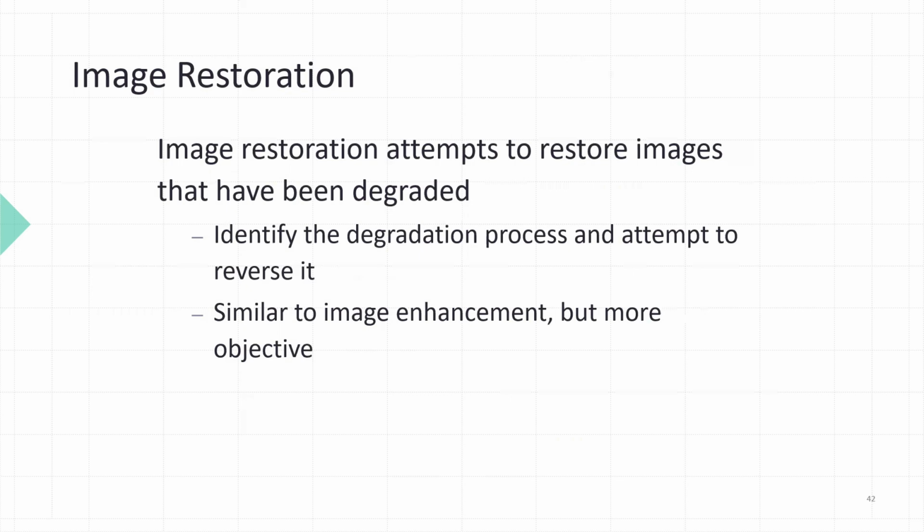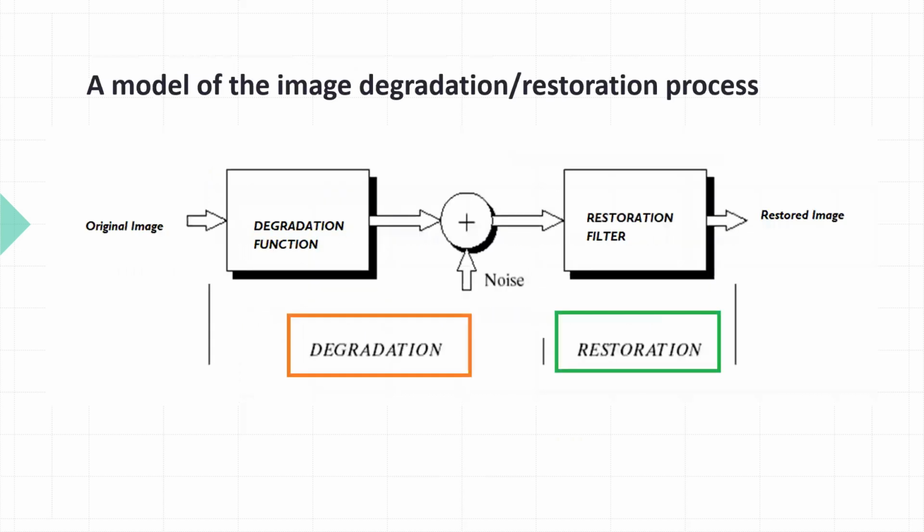For example, if you take a monument of the kings or mummies in Egypt, how was their nose, their ears, their eyebrows, all these important aspects of a picture will be considered. That's why, compared to image enhancement, image restoration is more objective.